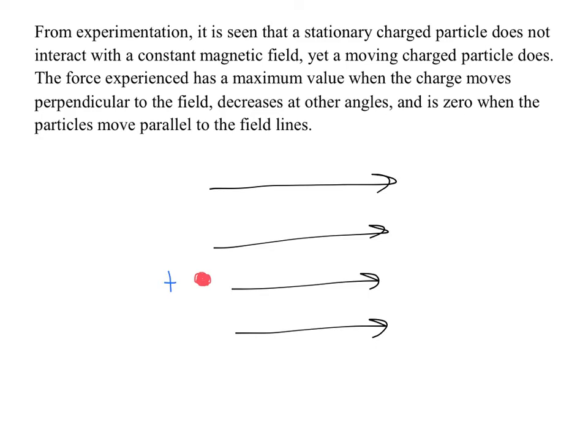So for example here, if the velocity is either up or down, this particle will feel the magnetic field's pull. But if this particle is moving left or right, it will not feel it, because if it's parallel to a field, it does not feel any sort of pull on it whatsoever.